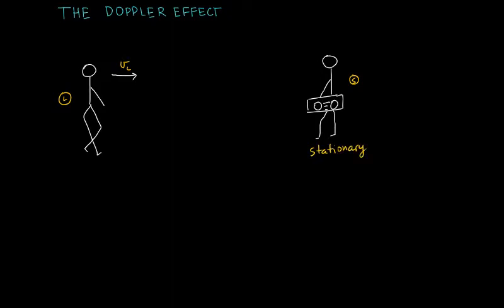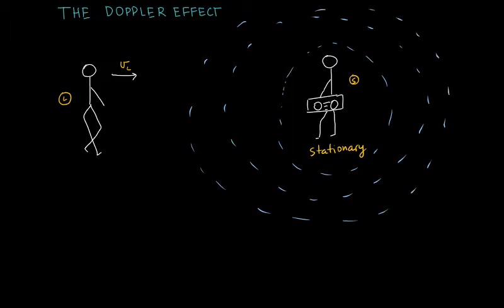The source is like some kind of speaker that releases sound, and the sound is spherical in space. It's moving uniformly with the speed V, the speed of sound.